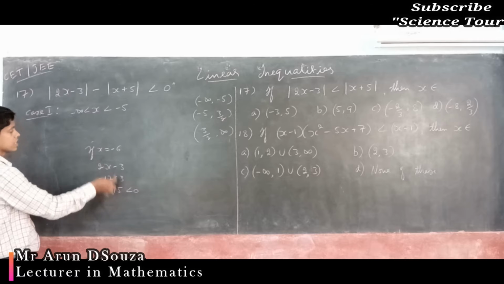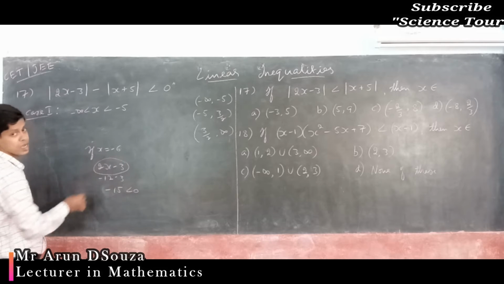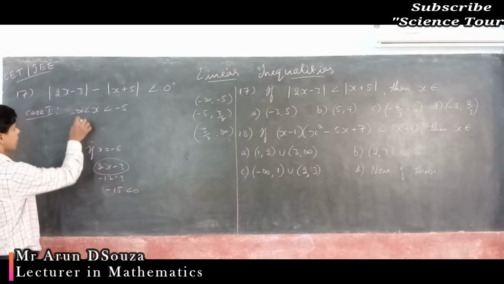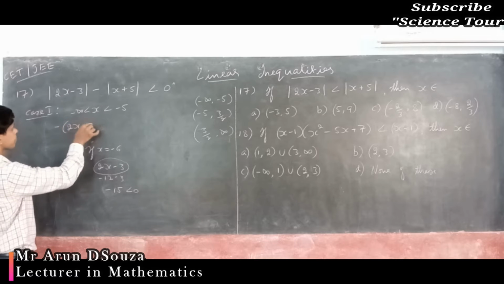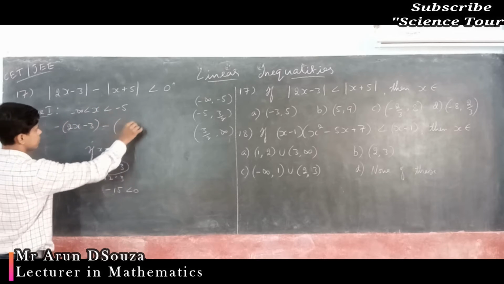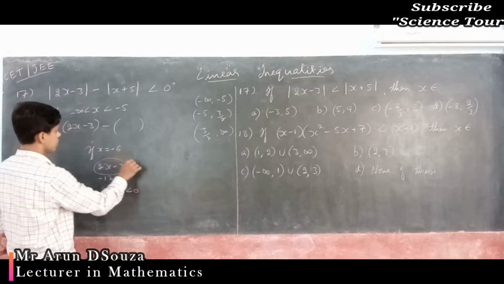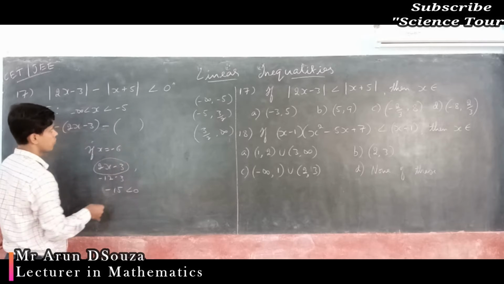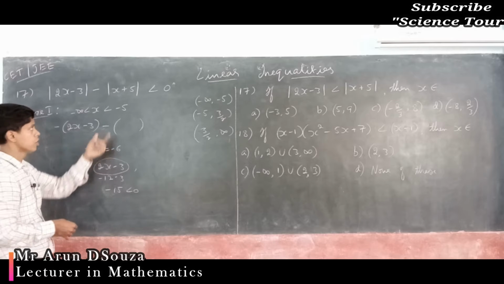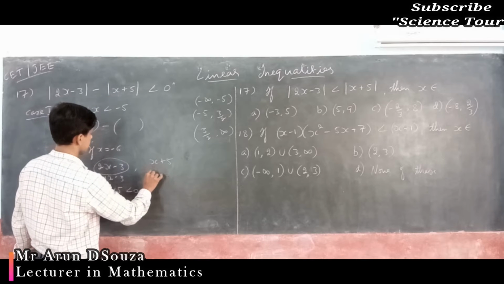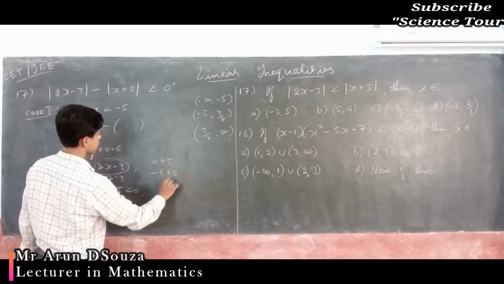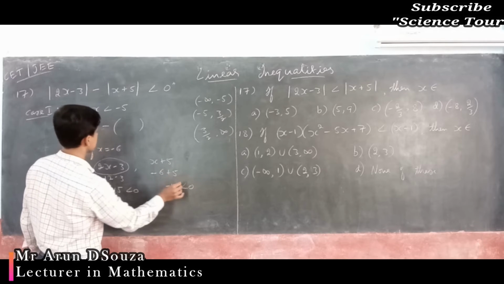So if 2x minus 3 is less than 0, that means you have to write negative of it, is it not? Now with the same value, what happens to x plus 5? So x plus 5, that means minus 6 plus 5 will be minus 1, that is also less than 0.